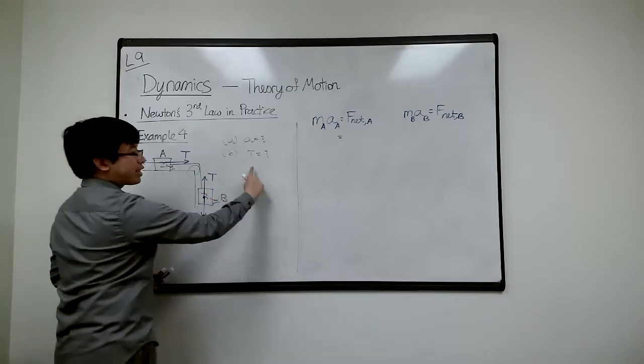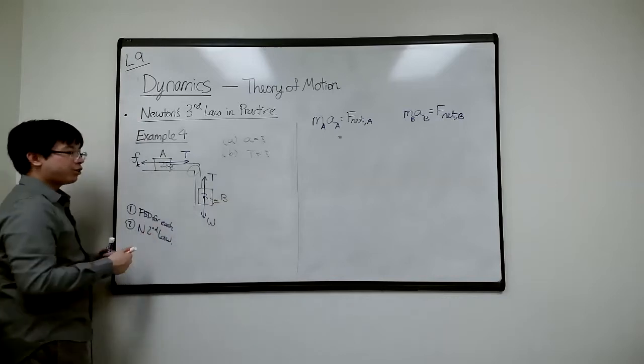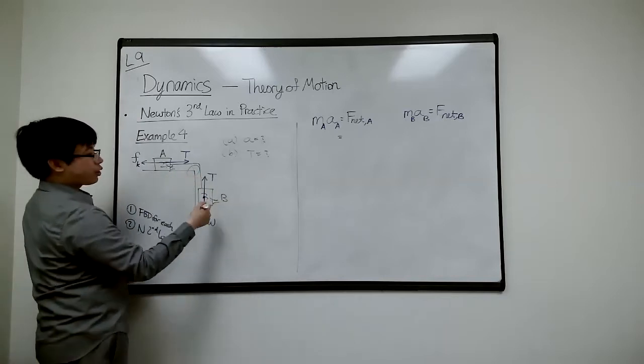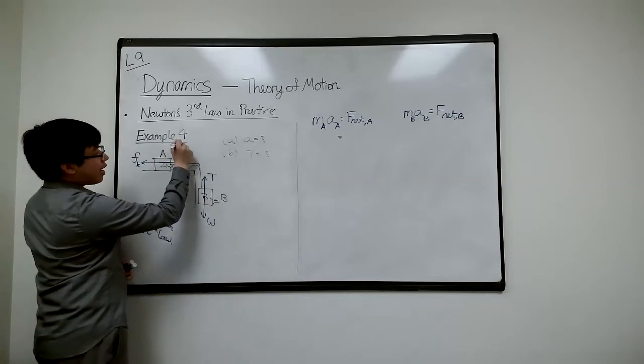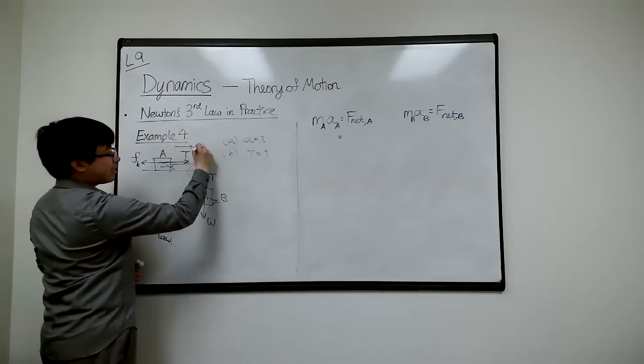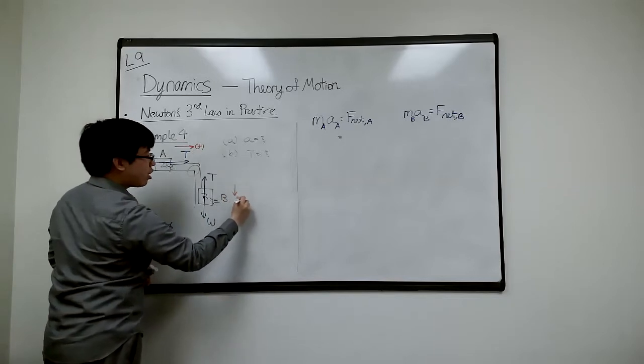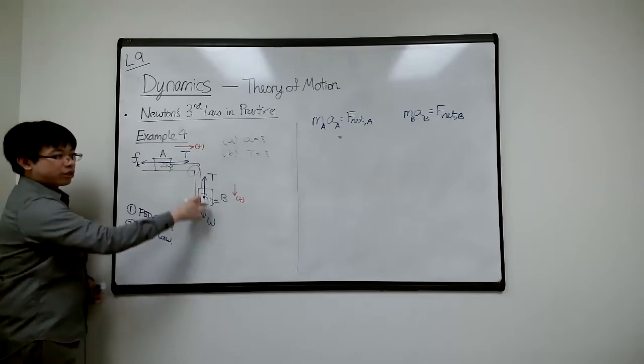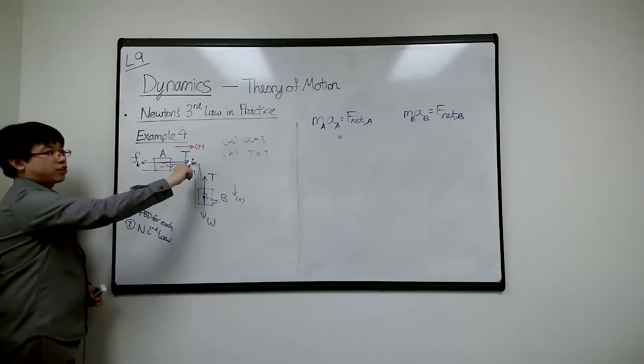By the way, if you do XY, that still works, okay? But I'm going to show you the smart way. You can try it yourself, the other way, the brute force way, right? So I'm going to choose this way as positive and this way as positive. Why? Because I know, at least without friction, this is going to go down this way, and this is going to go this way.